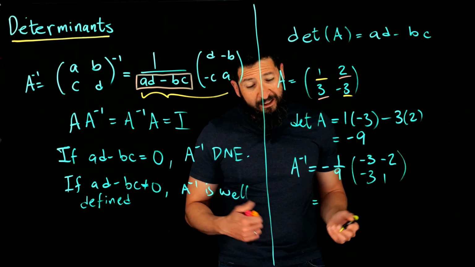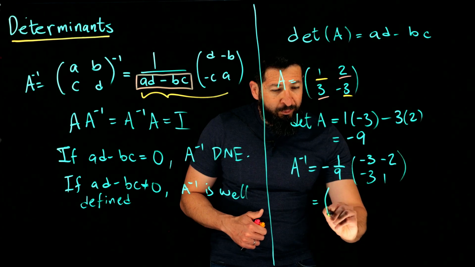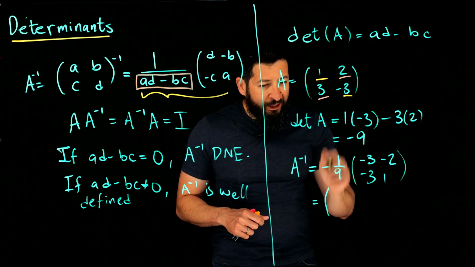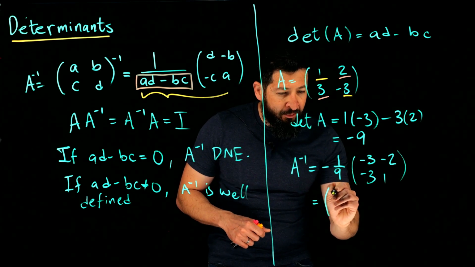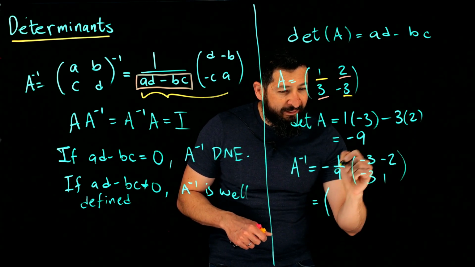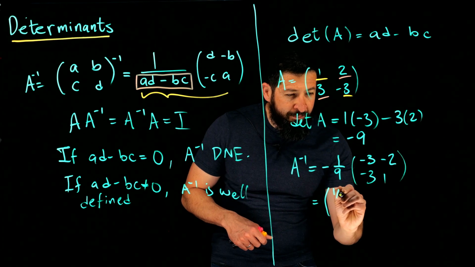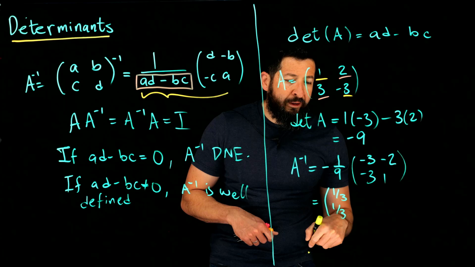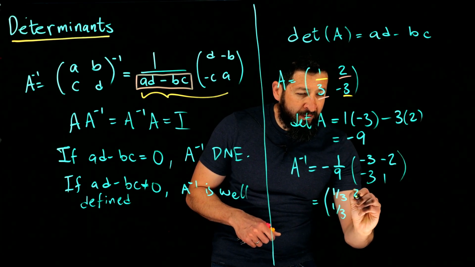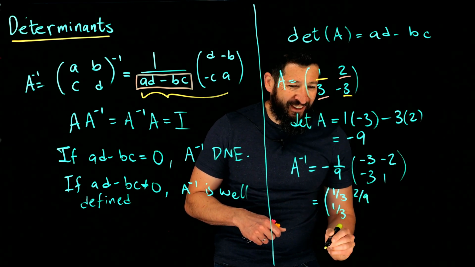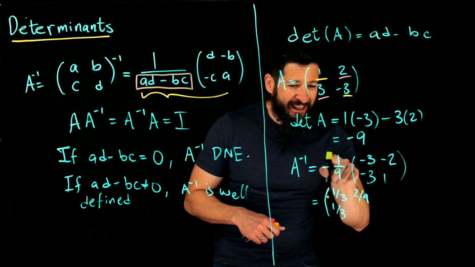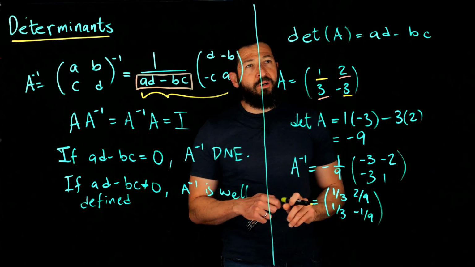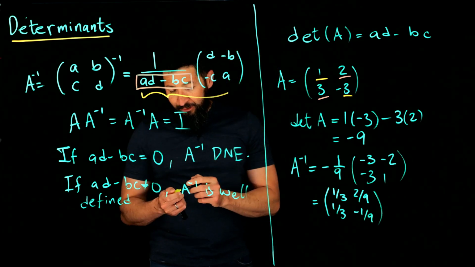Often we will not do that, just due to the fact that we can deal with a constant at the very end. But right now we're going to distribute it in. And so we get -1/9 times -3 is going to be 1/3. Same for this entry. Now this is going to be -2 times -1/9 is going to be 2/9. Whatever I wrote, not what I said. And then -1 times 1 is -1/9. And that right there gives you your inverse for that matrix.